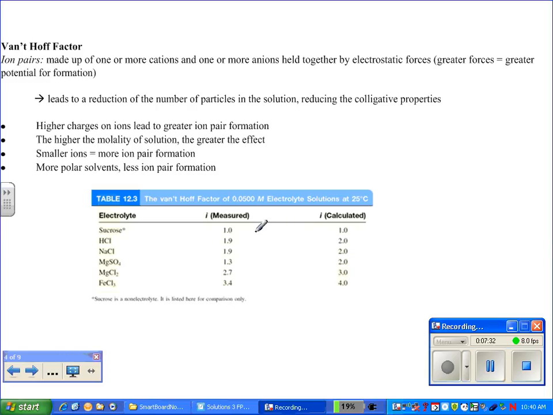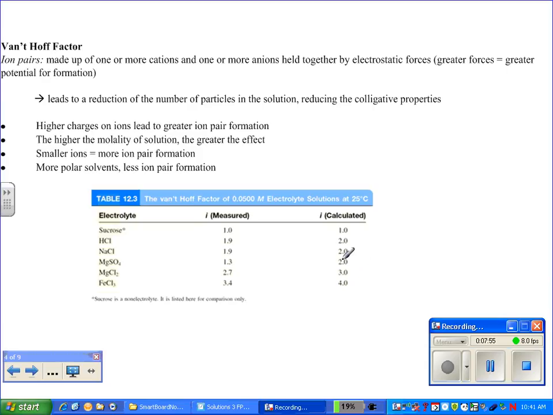Now these measured values are important to discuss. You'll notice that when we measure the actual i value, it's a little bit lower than what is expected by the calculated value. The reason for that is when we have ions in solution, they form what are called ion pairs.